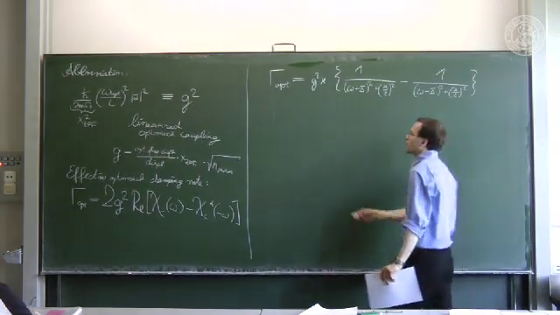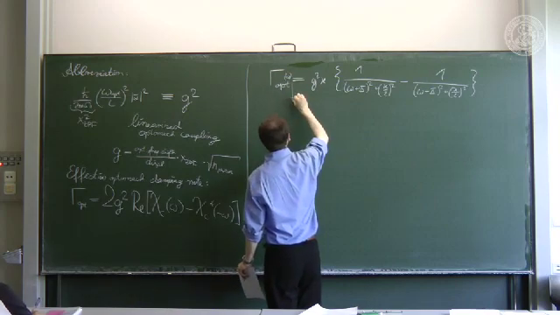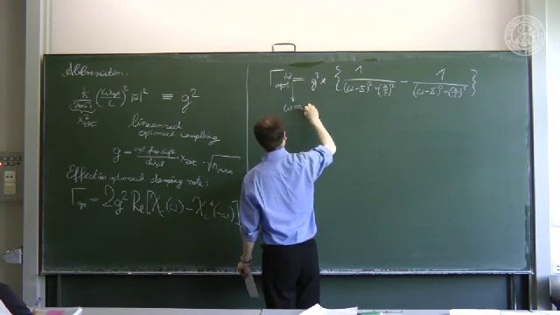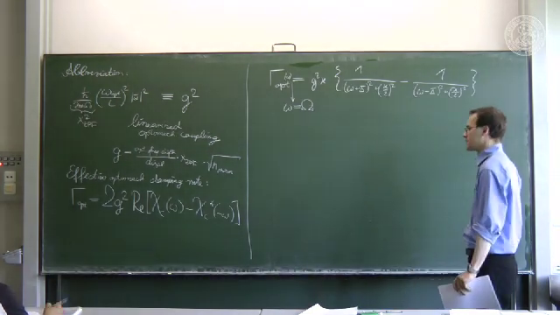Now, this is the expression for arbitrary omega, and then I have to set omega equals the bare resonance frequency to find the actual value of the damping rate.